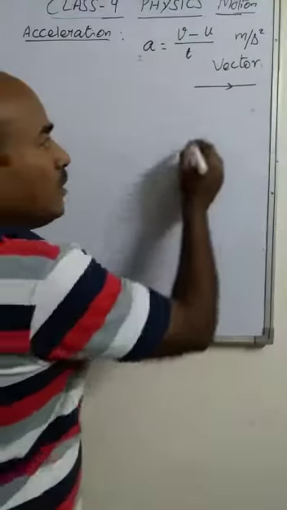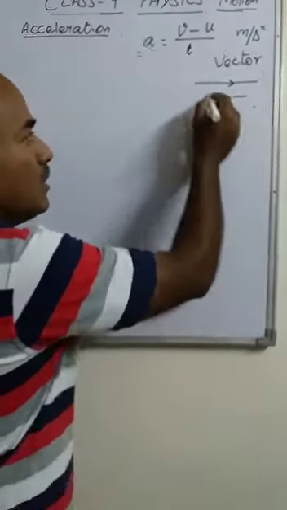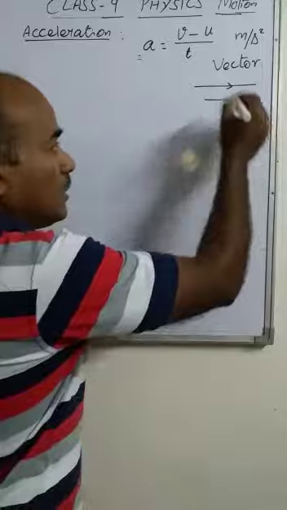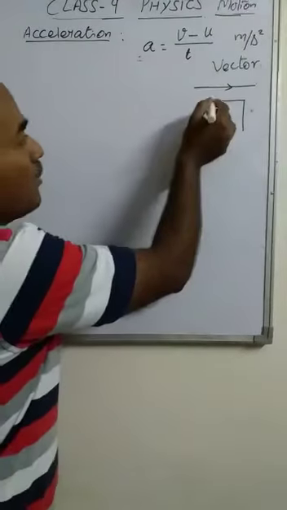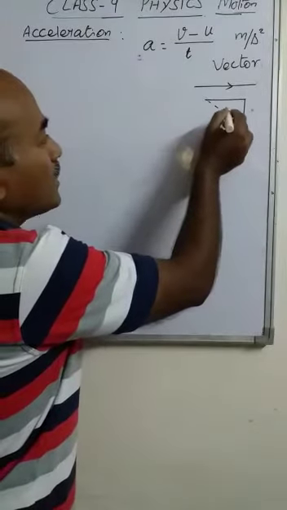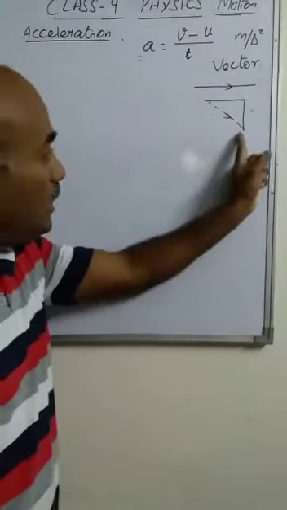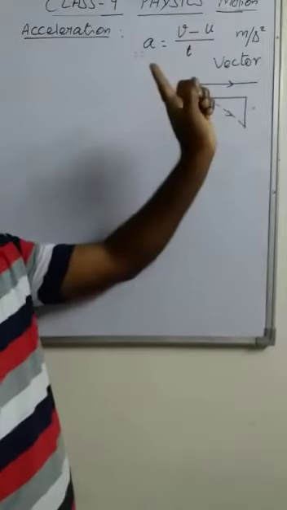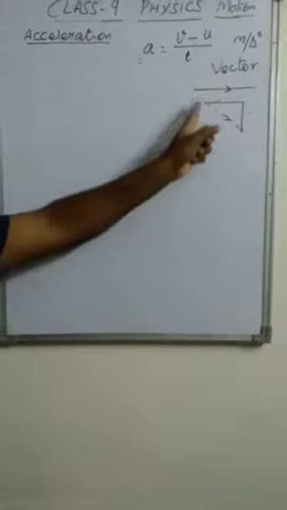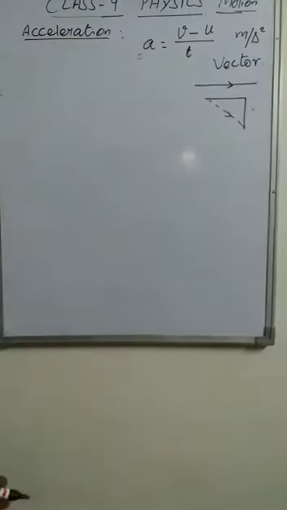If the object is traveling in this way, it turns and then moves in this direction. Now the change in velocity takes place in this direction. This is the direction of change in velocity, so this will be the direction of acceleration. So if the direction of change in velocity changes, then the direction of acceleration also changes.